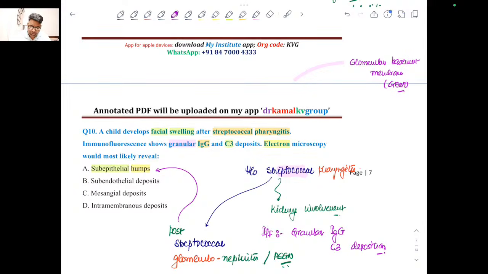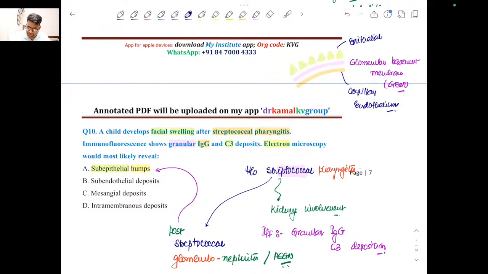On the top of this you have foot processes, the epithelium, right. So this is epithelial, and on the inside you will have the capillary endothelium, right.